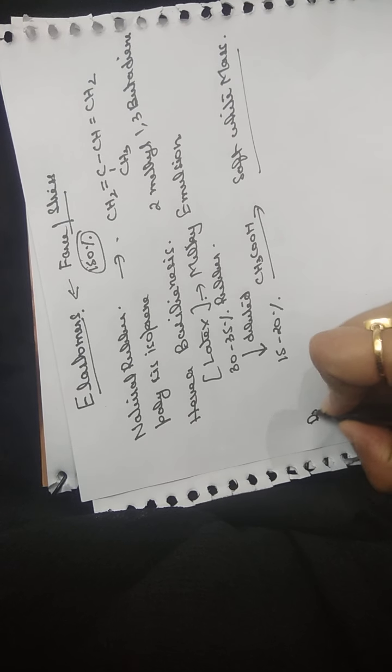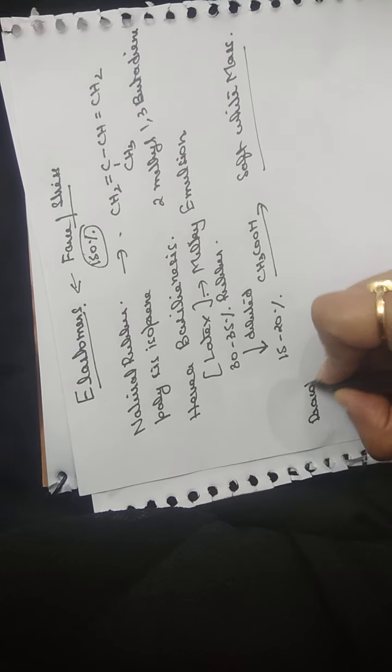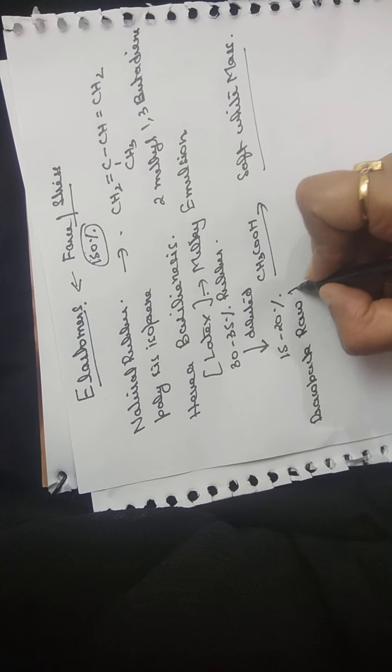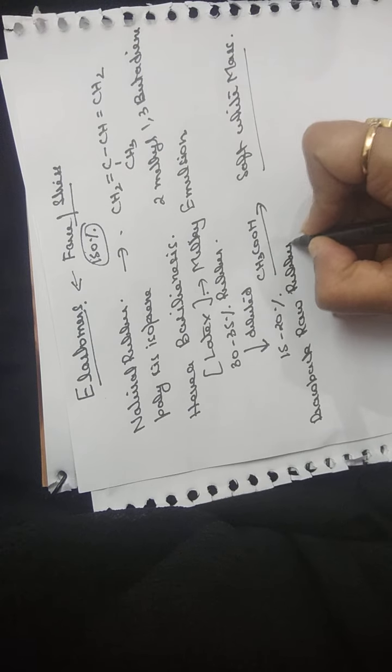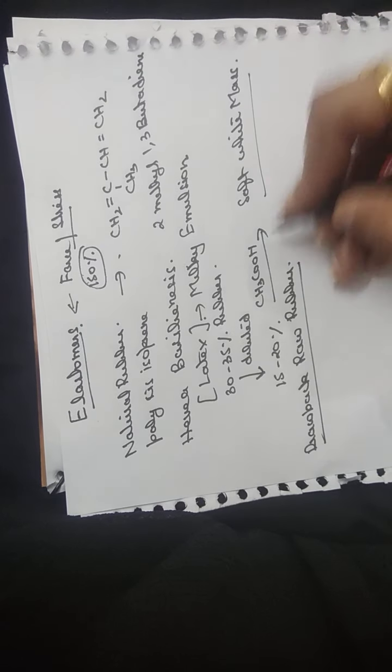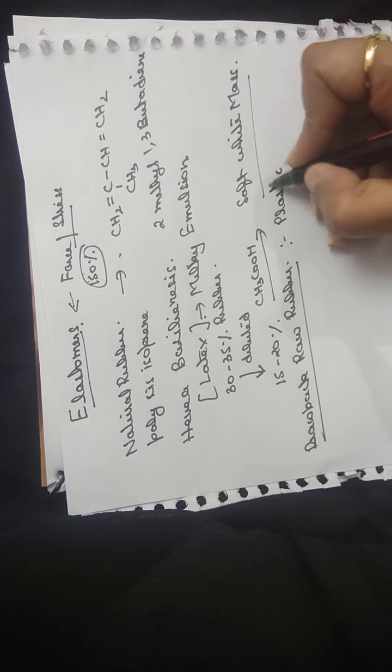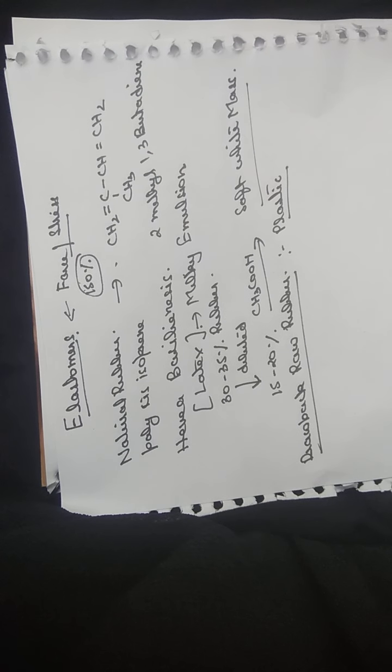Now this rubber which is formed has some drawbacks. Drawbacks of raw rubber: raw rubber is not elastic in nature, actually it is plastic in nature.